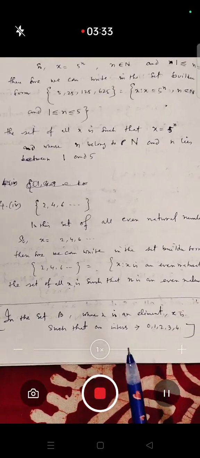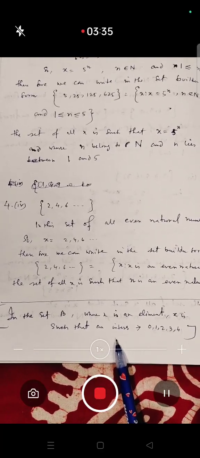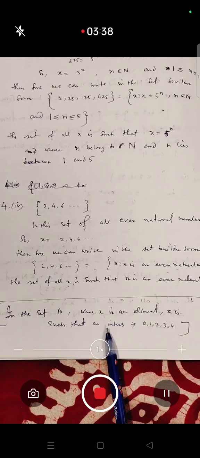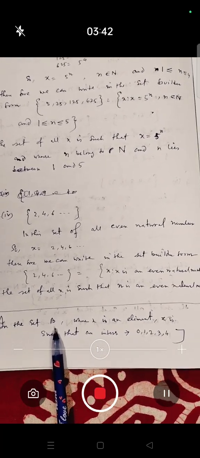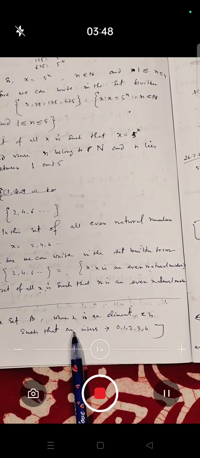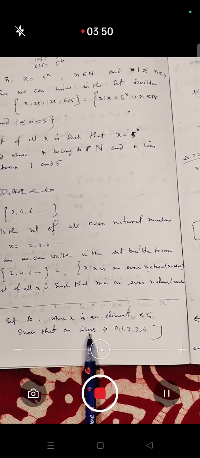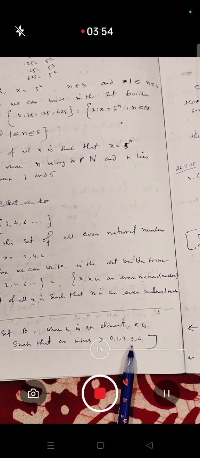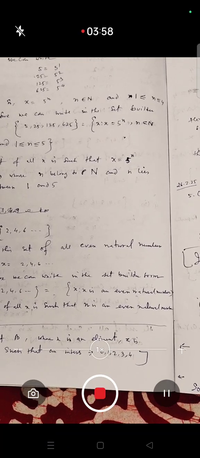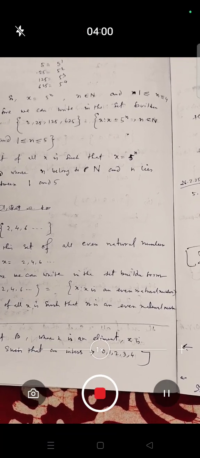And in written form, we can say it this way: in the set B where x is an element and x is such that x is an integer, the elements are 0, 1, 2, 3, 4. Understood? Now next.